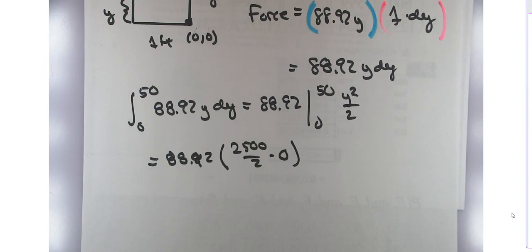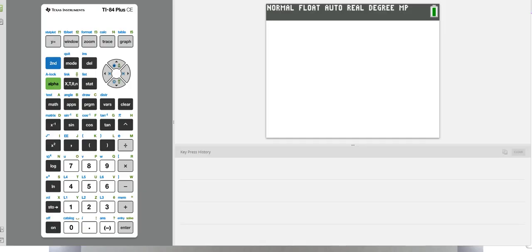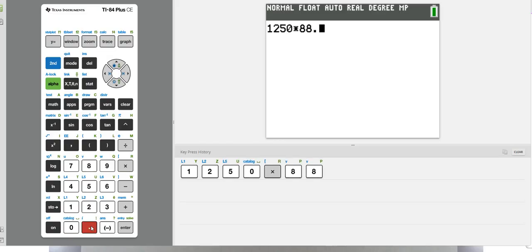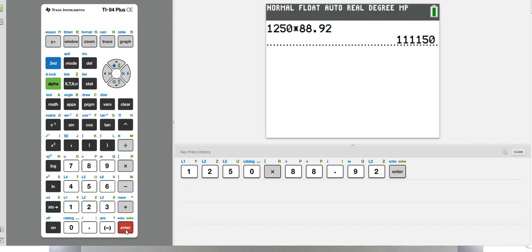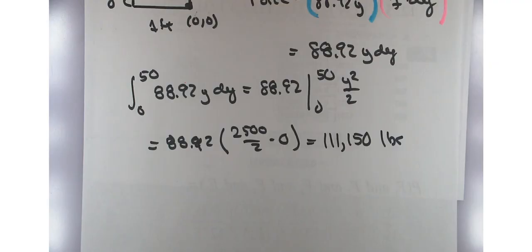Let's do that calculation out. 1250 times 88.92. So 111,150 pounds of force on that 1 foot section of our tank.